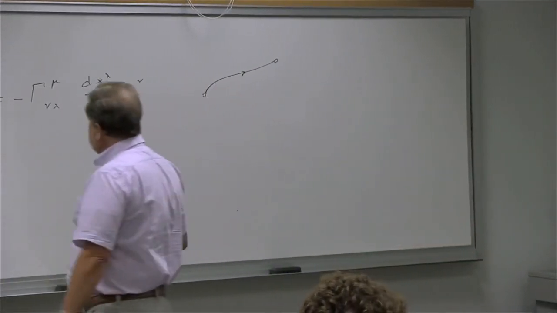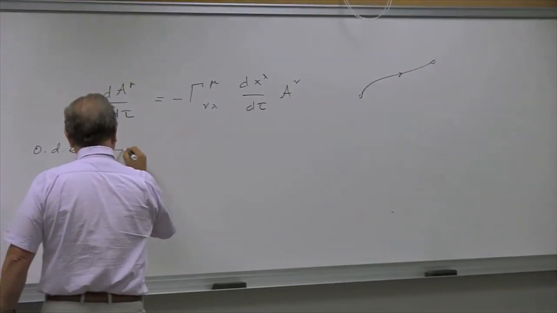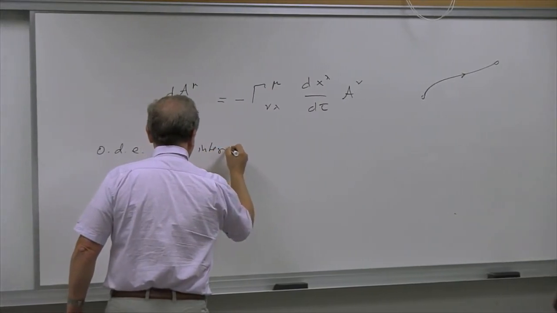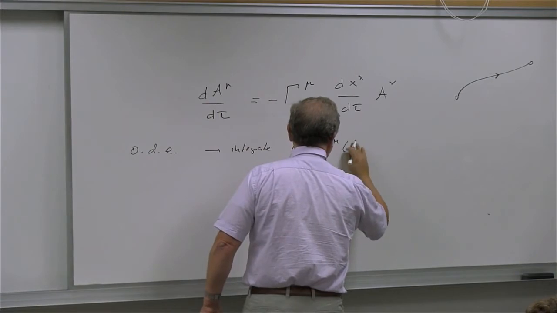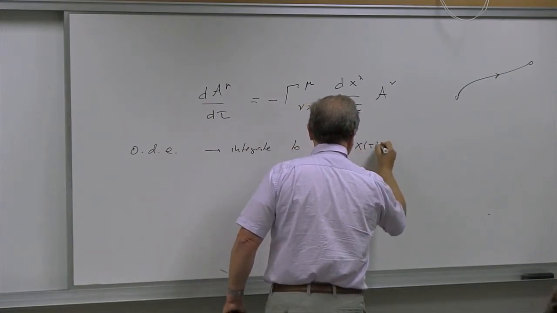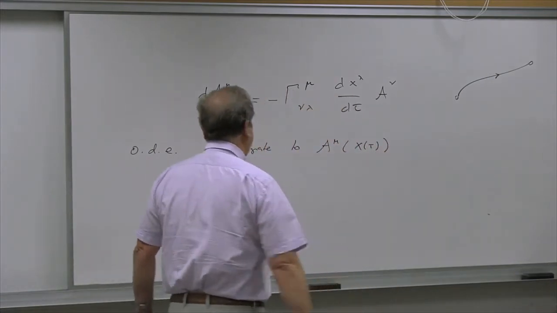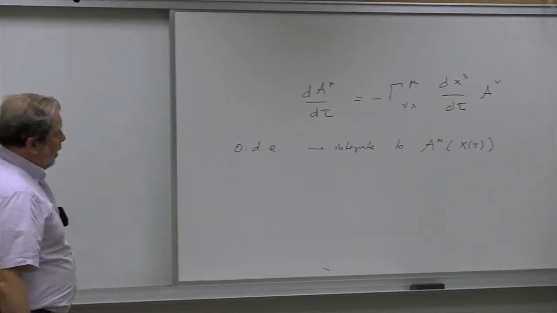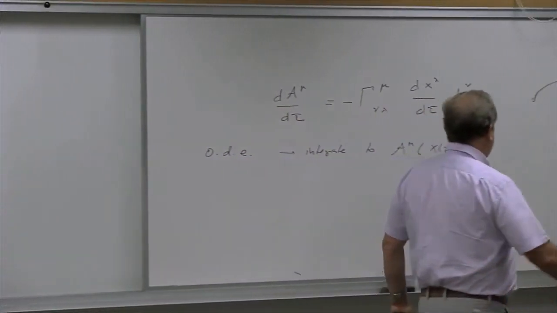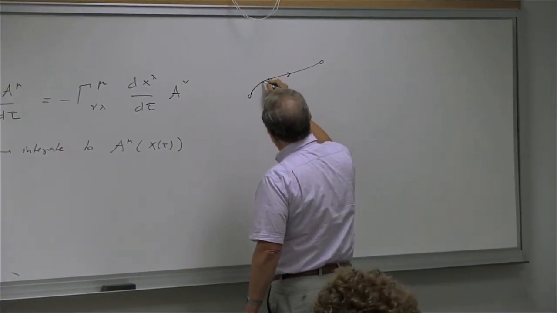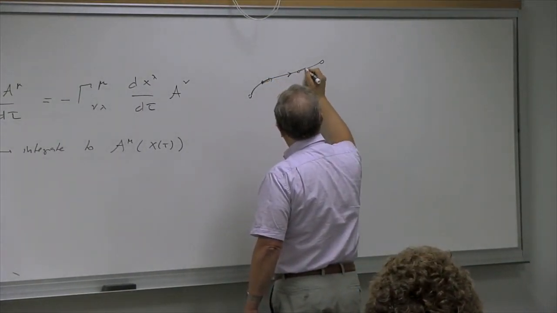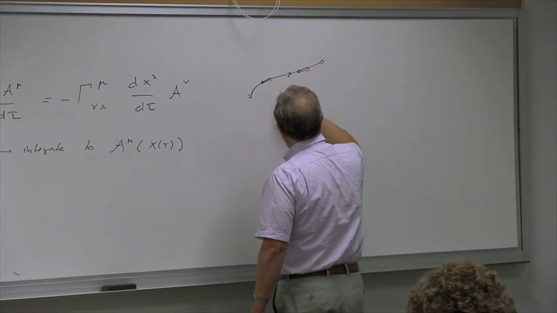And so in principle, we can integrate it to find A mu as a function of x of tau. So we can integrate this equation, and that will give us the evolution of this 4-vector as we move along this path.